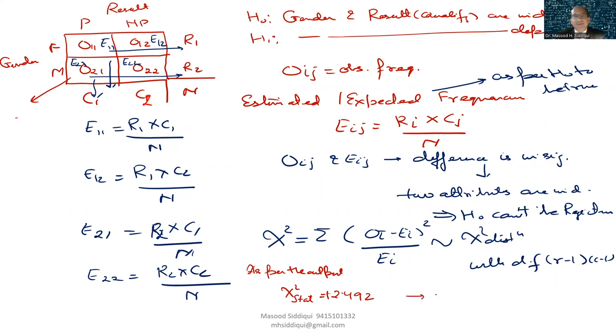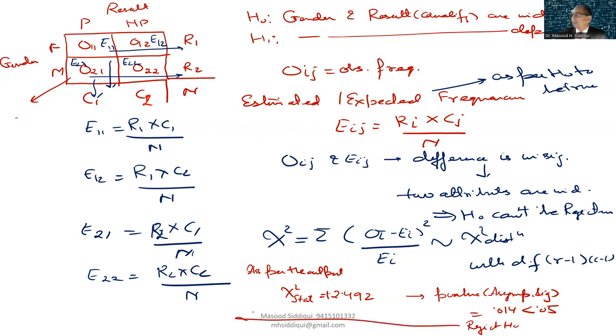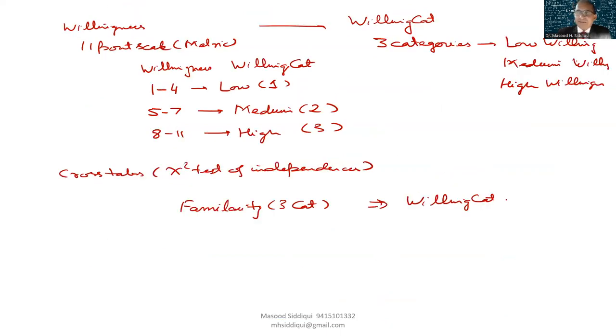And correspondingly, its p-value, which is asymptotic significance, is 0.014, which is less than 0.05, right? So we would be rejecting H naught. Rejecting H naught means we are rejecting, for this case, that they are related. Okay, right? So here I will be putting this for this case only.